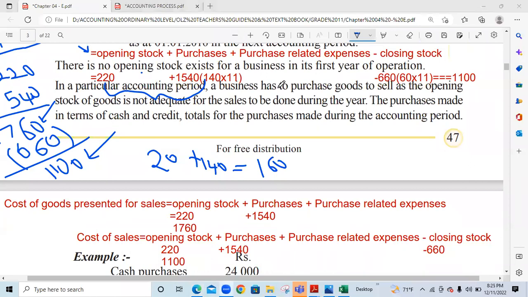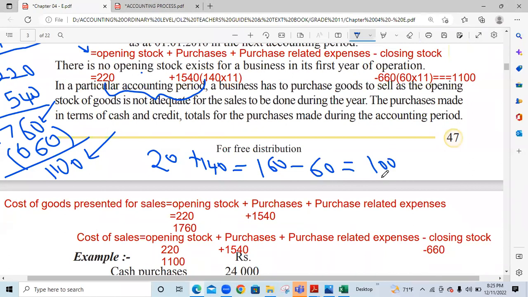Okay, but guys, see here, 160 pens are available. We said this is the cost of goods presented for sale. You're telling your customers, look, we have 160 pens, you can buy them. But will the customers buy everything? No, sometimes they don't. Let's say the customers didn't buy 60 pens. So how many pens did you sell? Only 100.